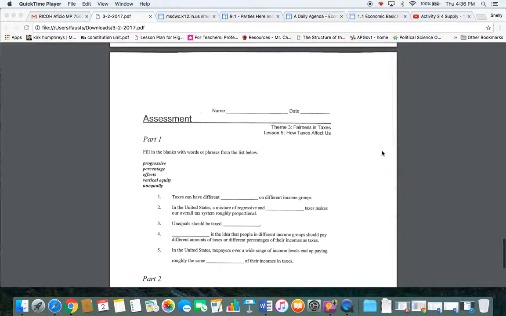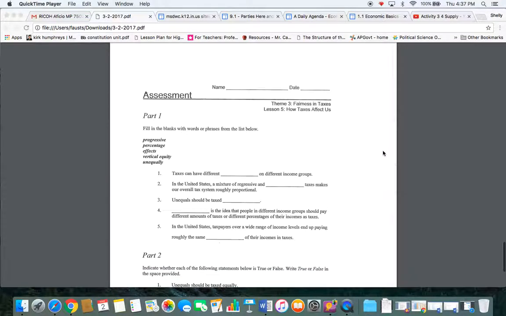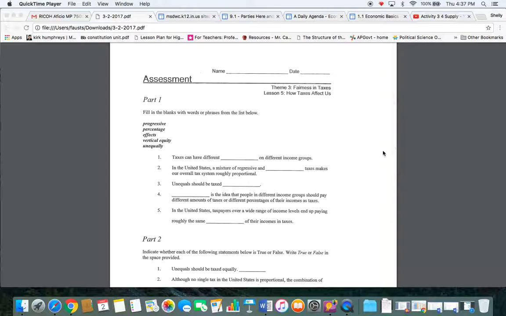This right here, taxes can have different effects on different income groups. In the United States, we take a mixture of regressive and progressive. So if you take your first two charts, where your regressive tax line is going down, your progressive is going up, the goal is to make the overall tax system to where everyone's basically paying close to the same percentage overall.